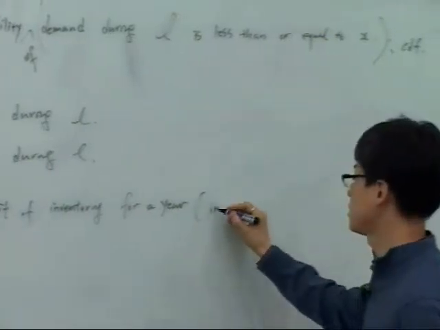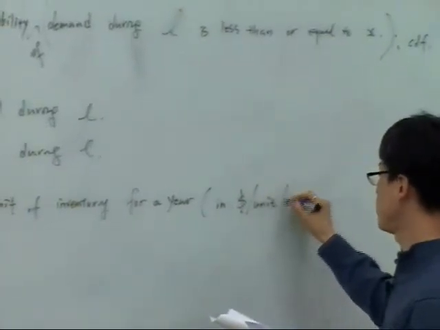So the unit is dollars per unit per year.